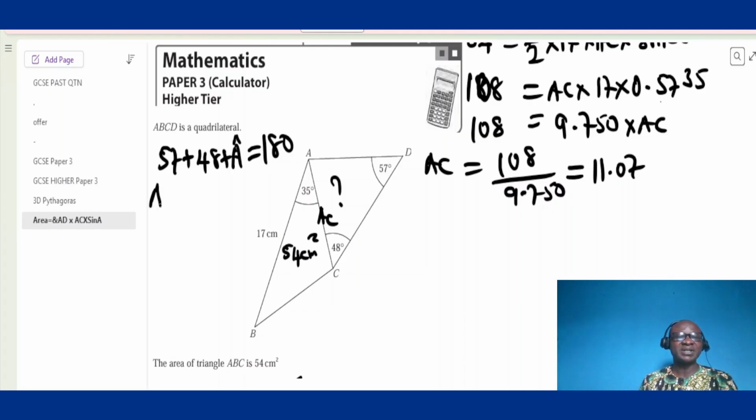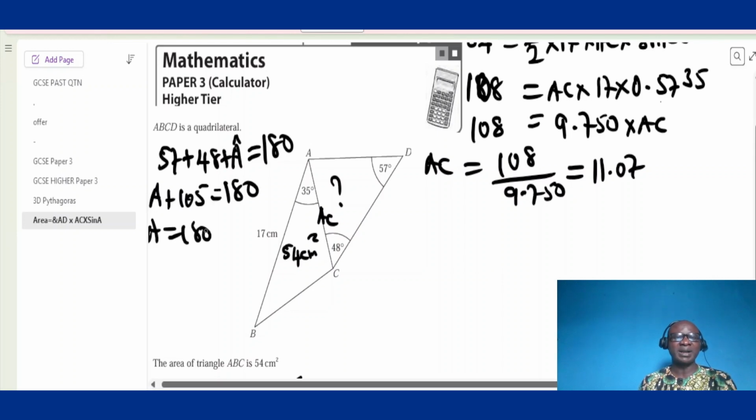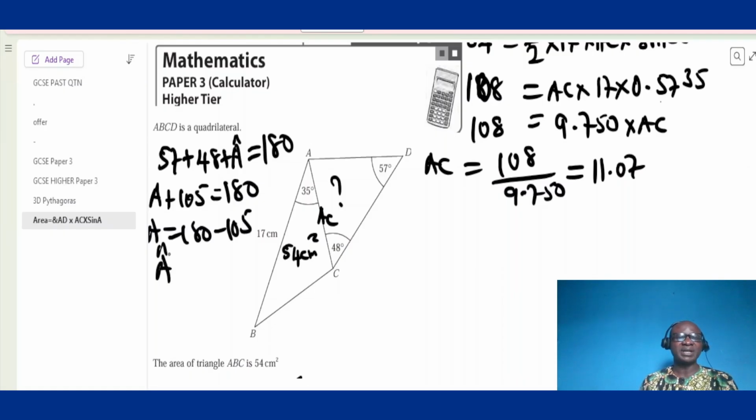So angle A plus 105 is equal to 180, meaning angle A is 180 minus 105, so the angle at A is going to be 75. I can quickly put that angle A here is 75.